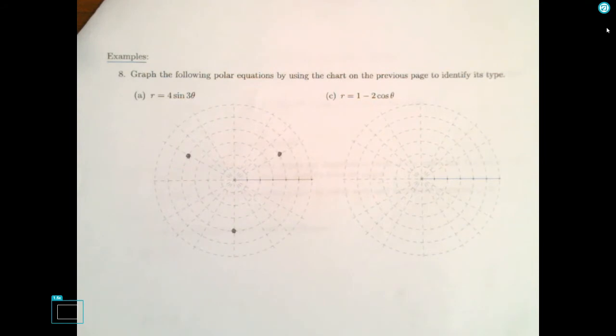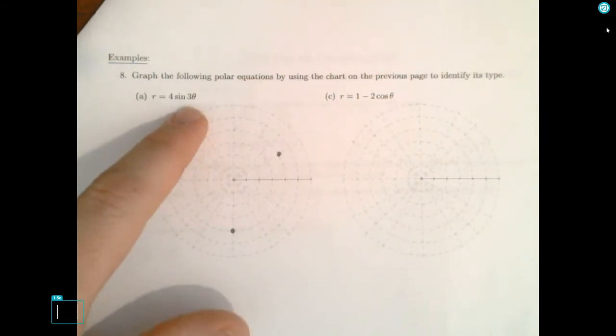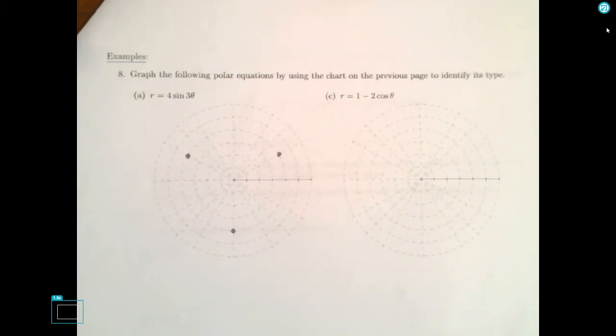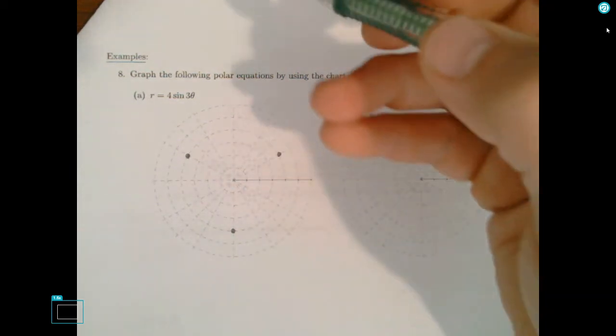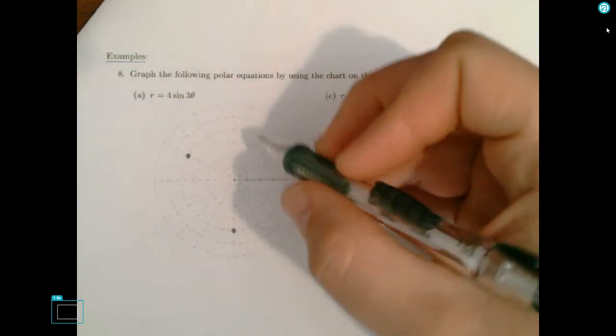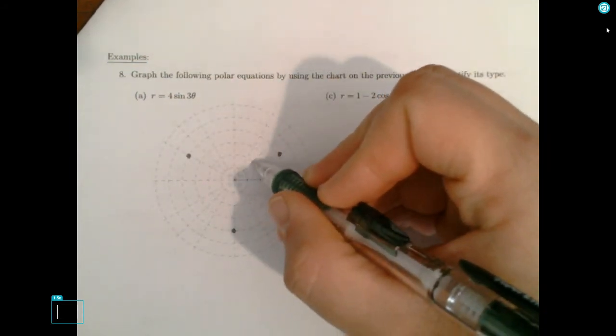I'm just trying to figure out how wide the petals are. If I plug in pi over 4, I have 4 times sine of 3 pi over 4. That's 2 root 2, which is about 2.8, 2.9. So here I would be at 1, 2.9.